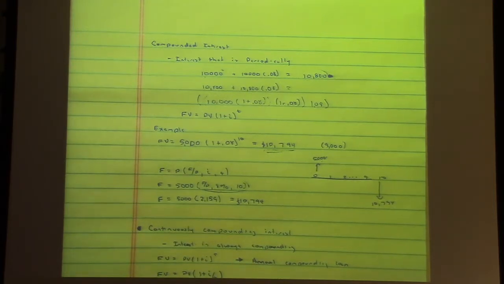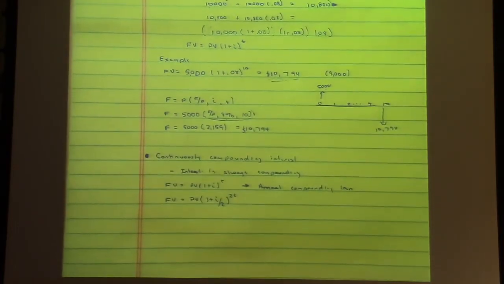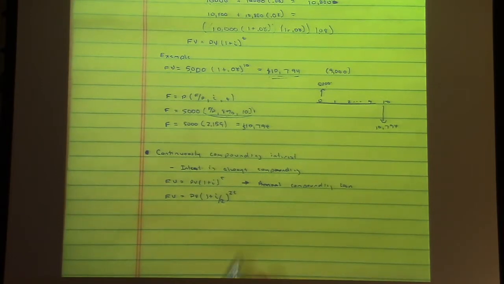And since we're now seeing 2 payment periods per year, we're going to take 2 times the number of years. So if this was over a 5-year period or a 10-year period, we would double that because now we're looking at 2 compounding periods per year.